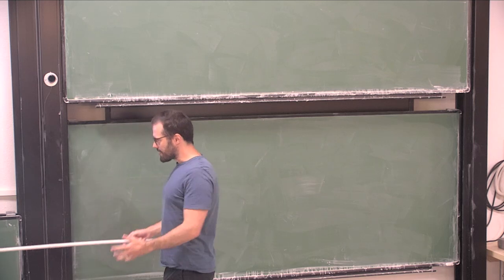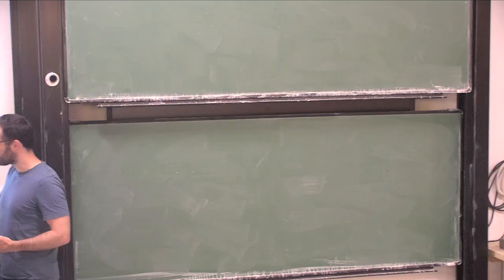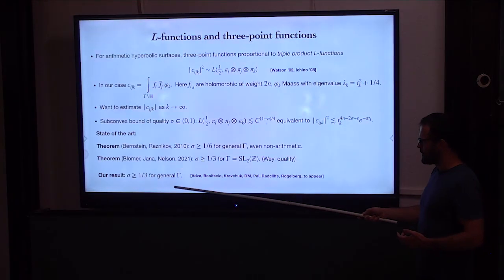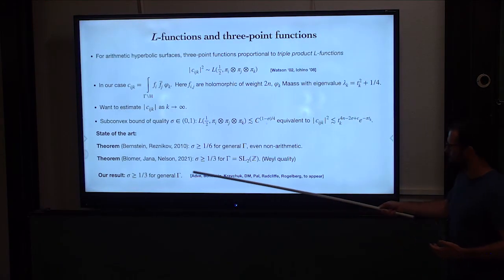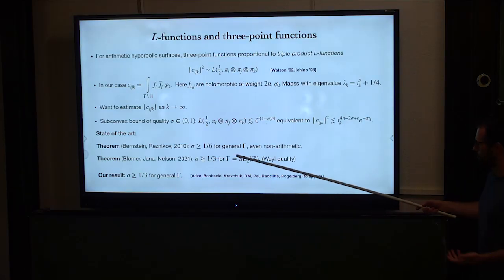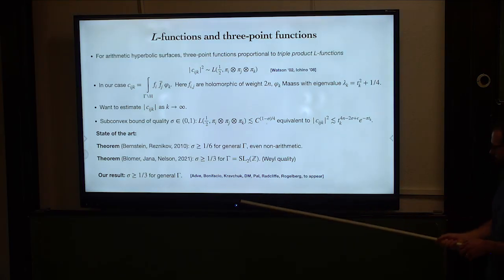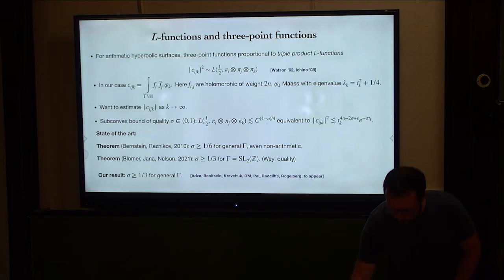And what we did, by essentially upgrading the method of Bernstein-Reznikov, is get the same quality of bound for general Γ. So not just for SL2(Z), but even for non-arithmetic Γ. So that's the paper that should appear tomorrow.